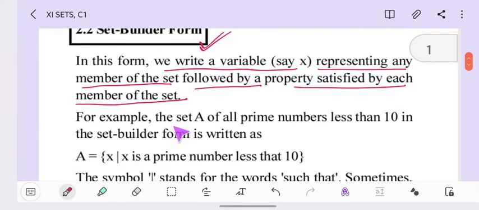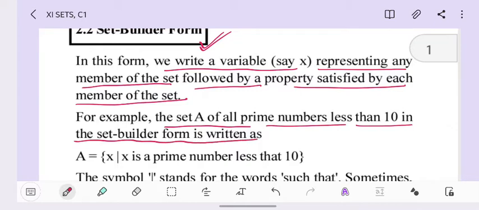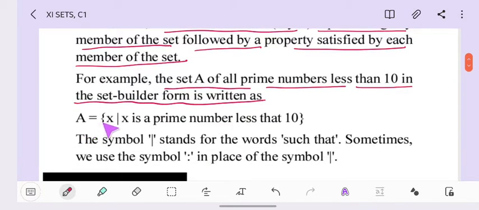For example, the set A of all prime numbers less than 10 in the set builder form is written as A is equal to, in curly brackets, x, this is the symbol of such that, x is a prime number less than 10. In place of this particular symbol, you can use the colon sign also, which means the same, that is such that.